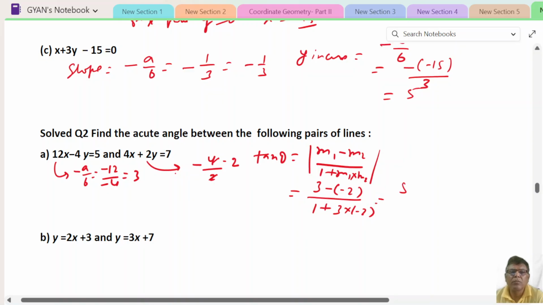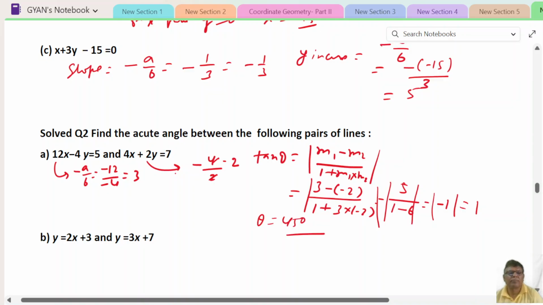So 5 divided by 1 minus 6, equal to minus 1. So the mod of this is equal to 1. Then theta is equal to 45 degrees.